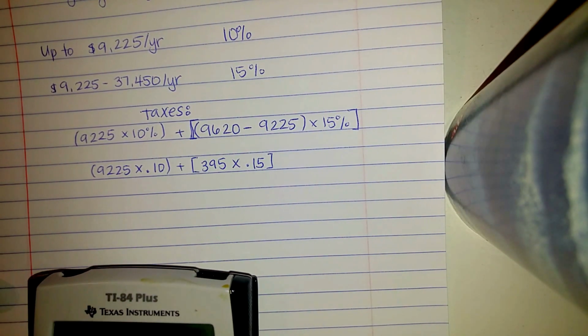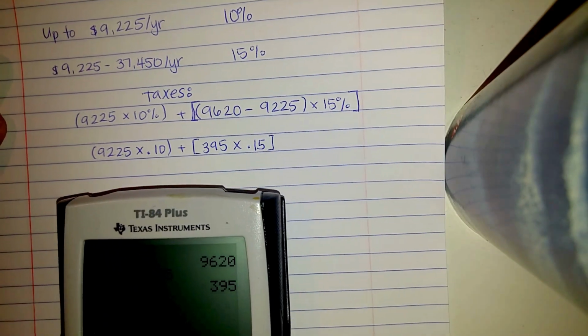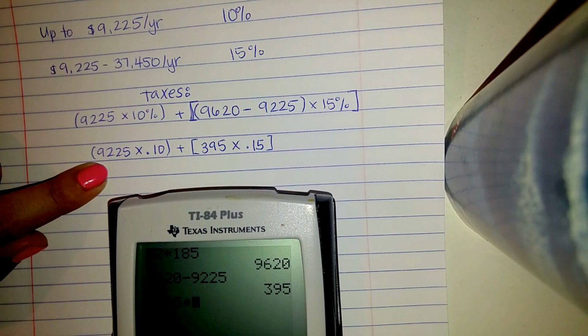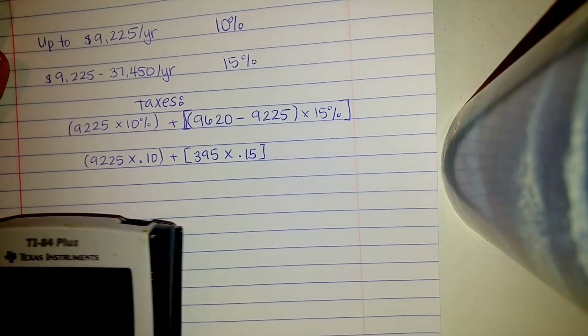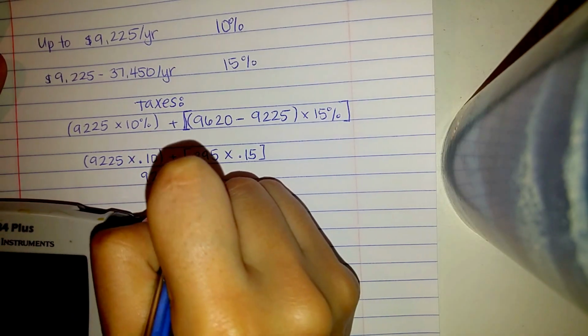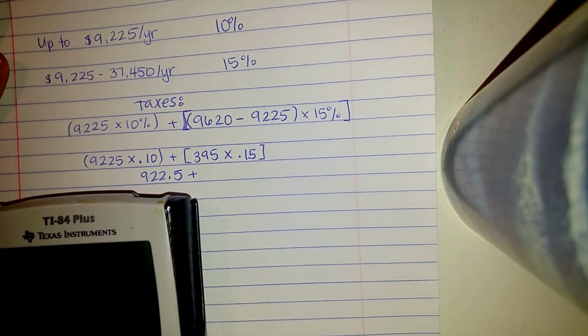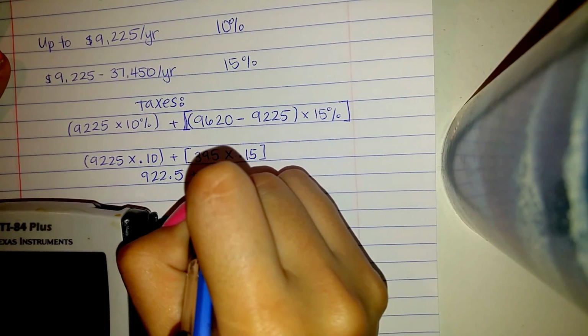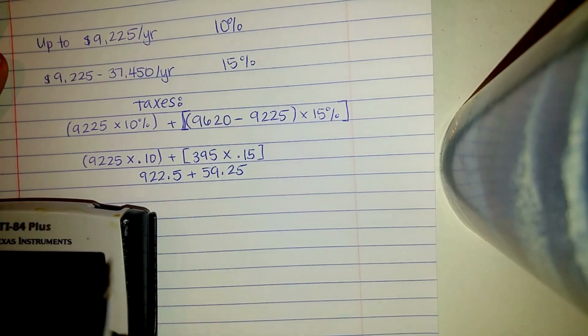I'm going to go ahead and work this out on my calculator. 9225 times 0.10 is 922.5 plus 395 times 15%, which is 59.25.